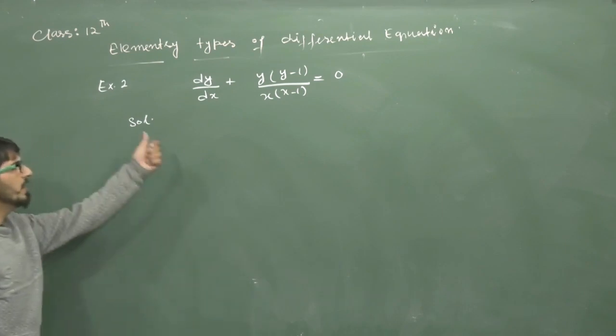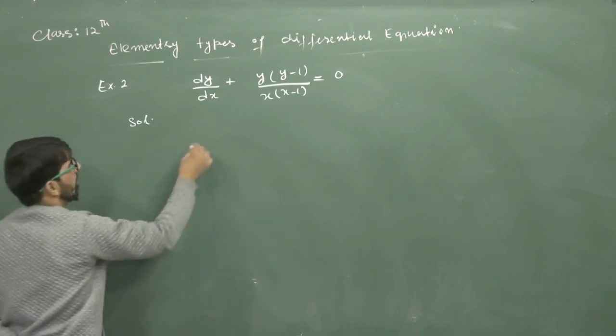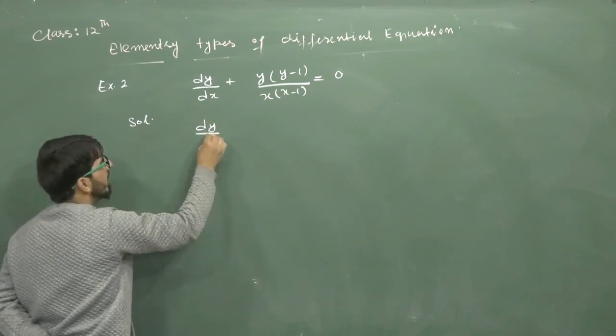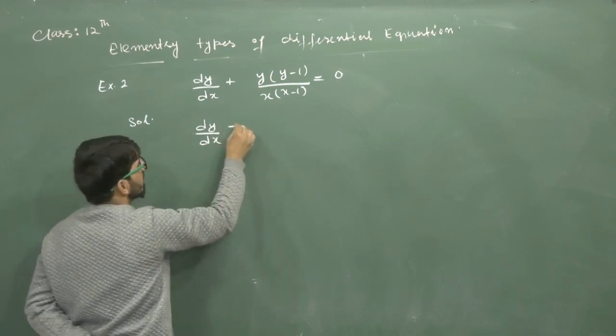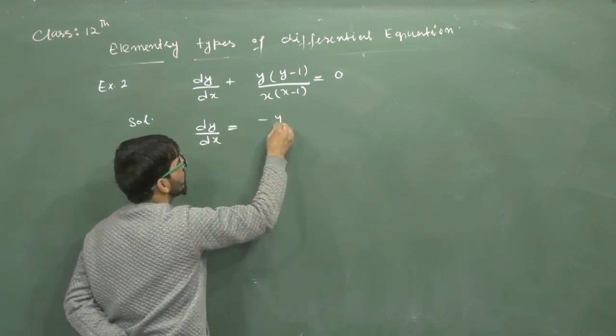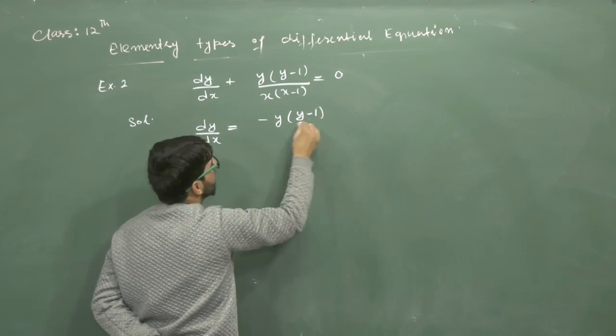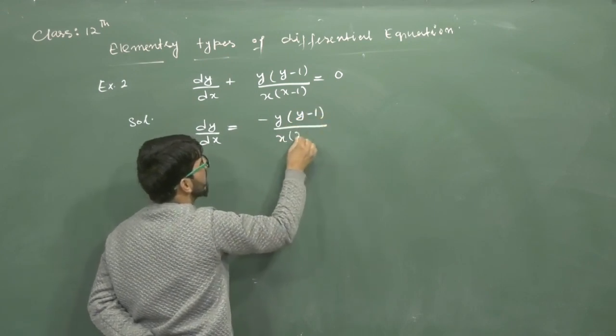Again, here we separate the variables. dy/dx is equal to minus y(y - 1) divided by x(x - 1).